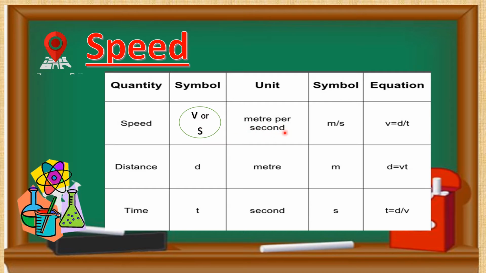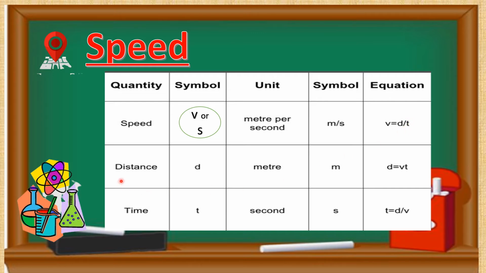Again, meter per second. The symbol for meter per second is m over s, or m slash s. And the equation on how we are going to get the speed is v, or s, is equal to distance over time, or v equals d over t.